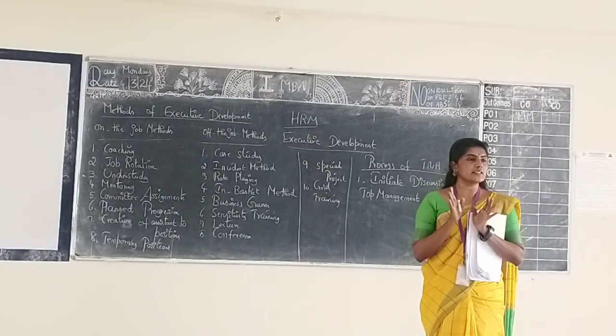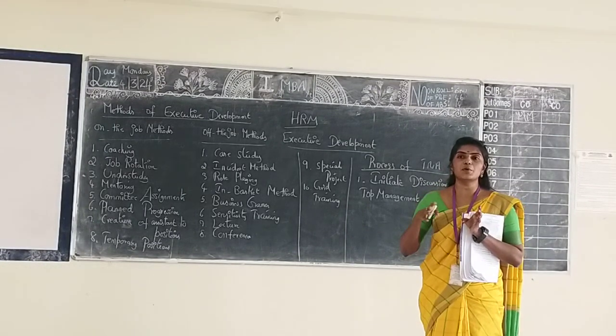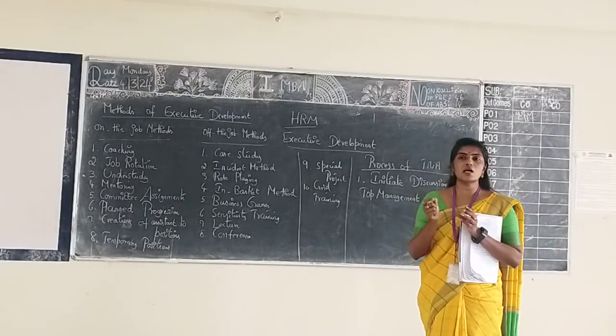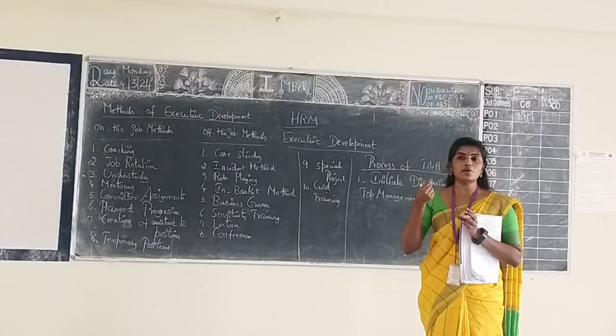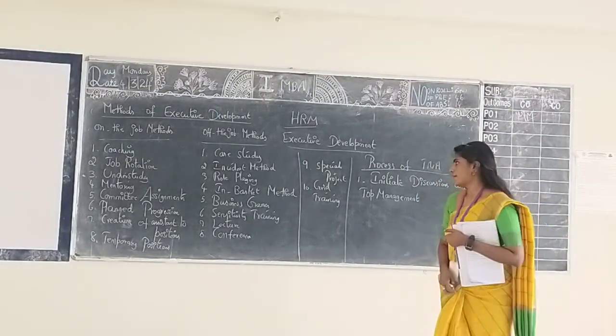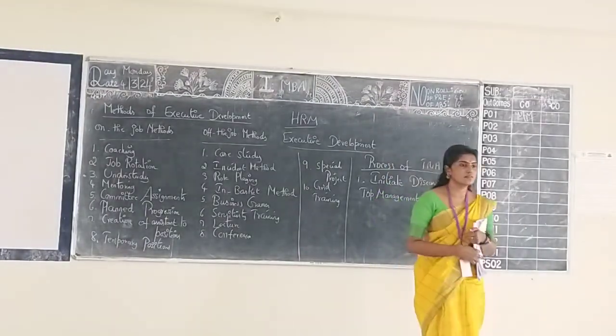This is based on the job and is used to develop the employee levels in the organization. After the on-the-job methods, the off-the-job methods are also used for development of employees, from outside the field. Finished.